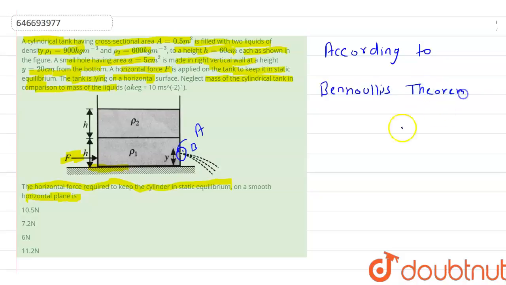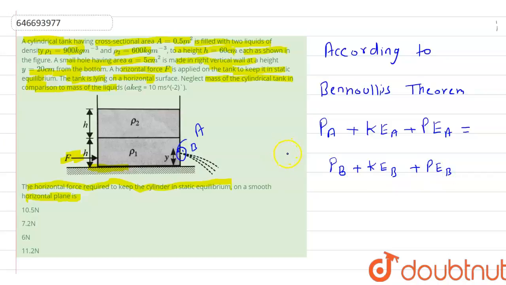In Bernoulli's theorem, the sum of pressure energy at A, which is PA, kinetic energy KEA, and potential energy PEA, is equal to the pressure energy of B plus kinetic energy of B and potential energy of B. Now since points A and B are at the same height, the potential energy of A and B are equal and they will be cancelled.